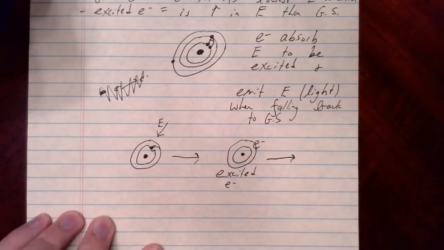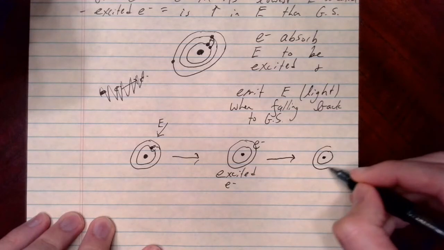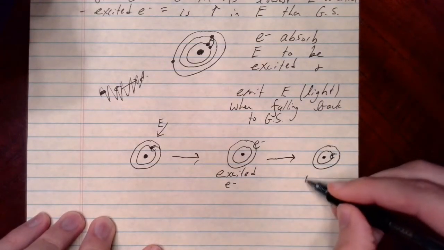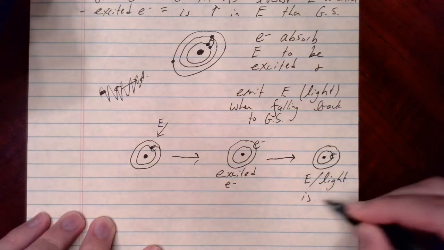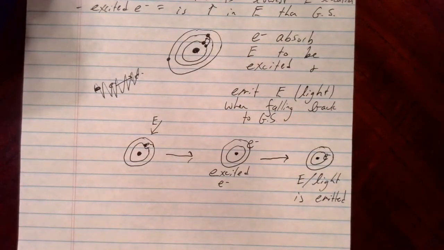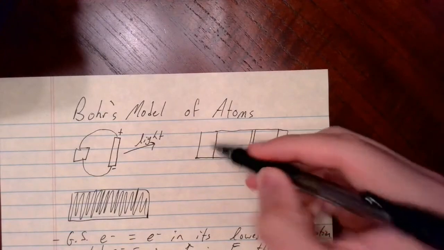So now the electron is going to go back to its ground state if it's no longer receiving that energy source. So it moves back to its ground state, and energy, in the form of light, is emitted. Okay. So that's kind of the process for producing one of these lines.